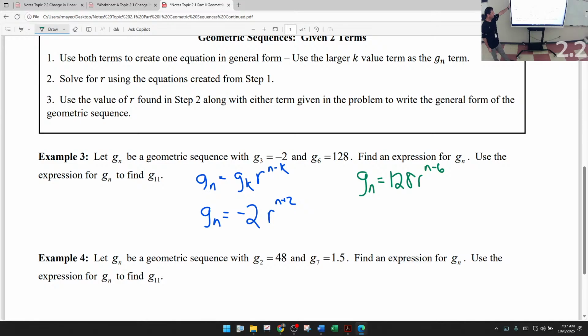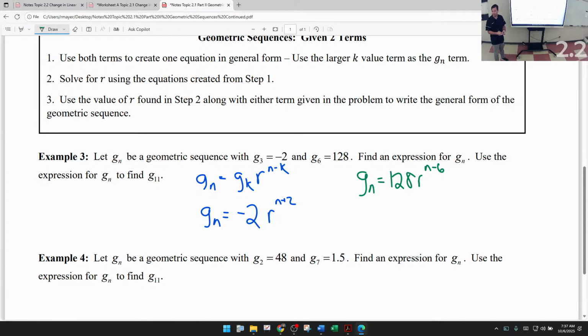Create one equation. Got to check. 3 plus 2 is 5, that's not right. 6 plus 2, 6 minus 6, n plus 2, -2.